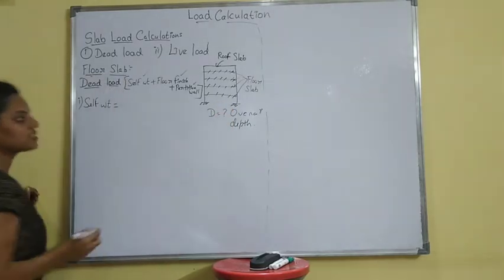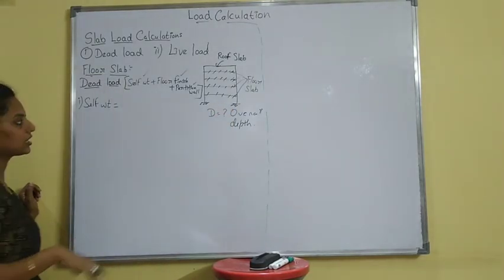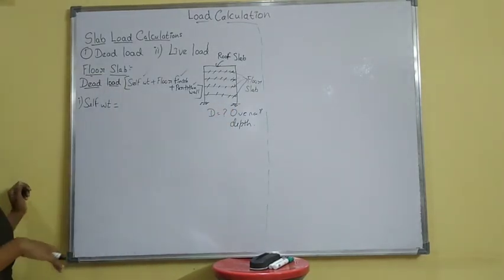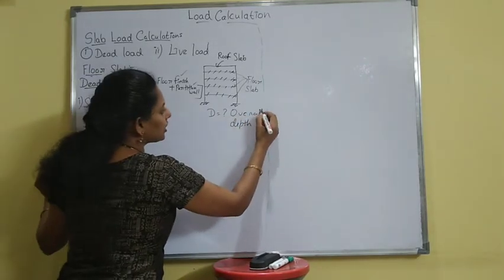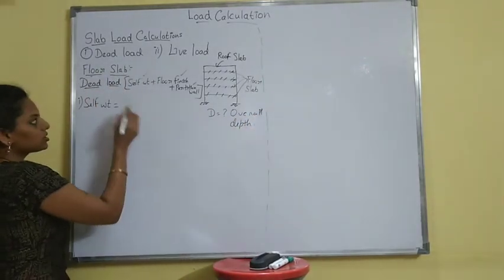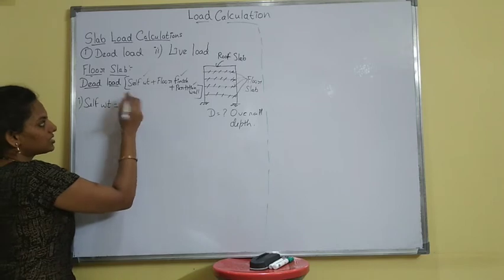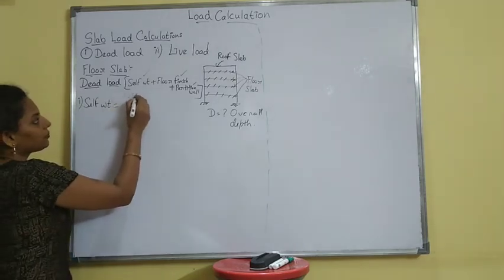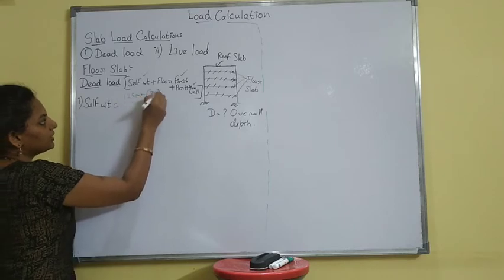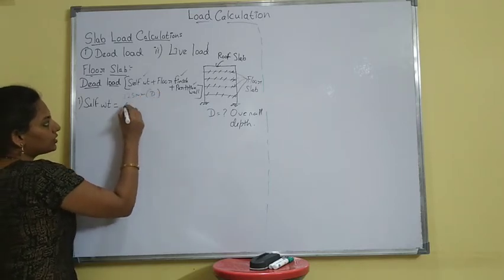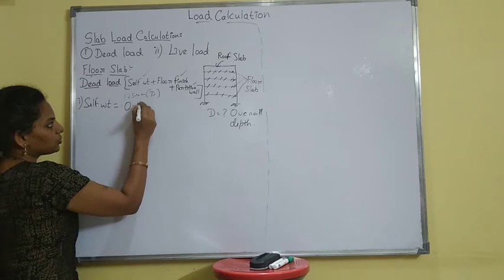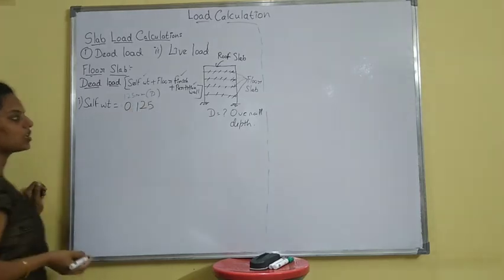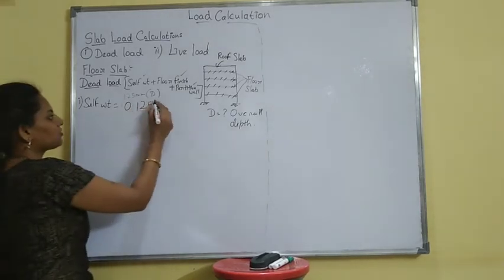How to choose this overall depth, I'll tell in the next classes. Suppose your overall depth is, I'll assume here, around 125 mm. This is your capital D, so the overall depth is 0.125 m. It is known as the overall depth, or you can consider it as the thickness of the slab.